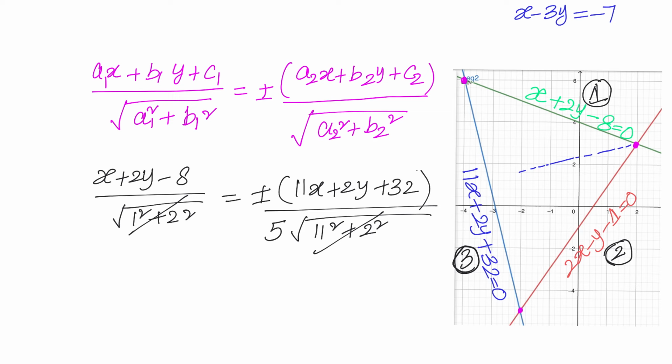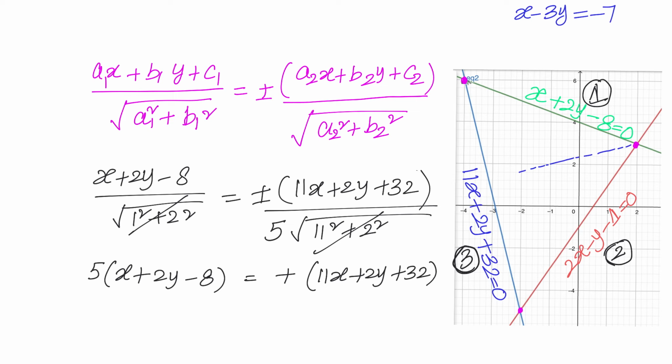So I can write two equations now. One equation is 5 into (x plus 2y minus 8) equals plus (11x plus 2y plus 32). The other equation will be 5 into (x plus 2y minus 8) equals minus of (11x plus 2y plus 32).